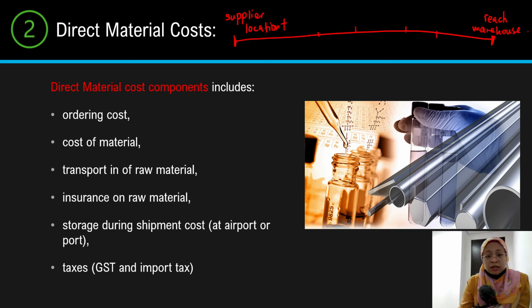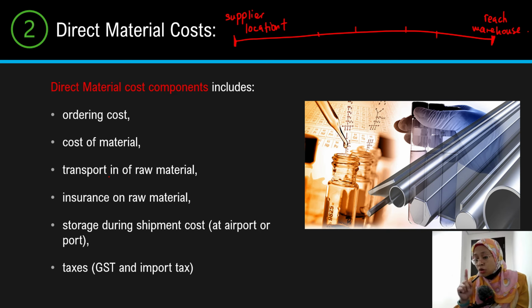Among the costs incurred can be ordering costs. Number 2, the cost of the raw material itself. Number 3 can be transport inwards of the raw materials, probably via shipping or via plane or via train. Insurance of the raw materials.